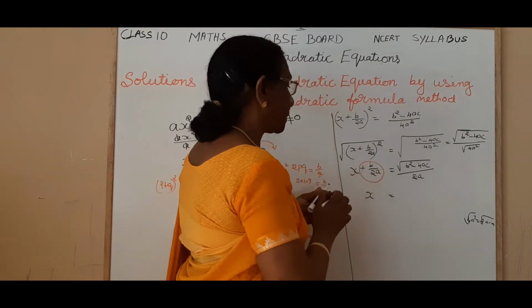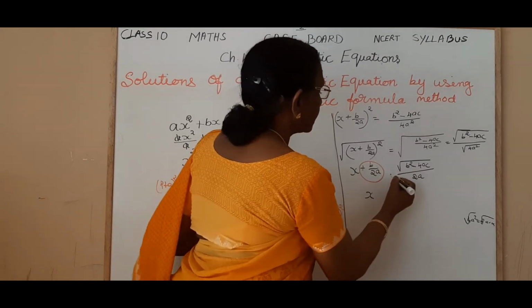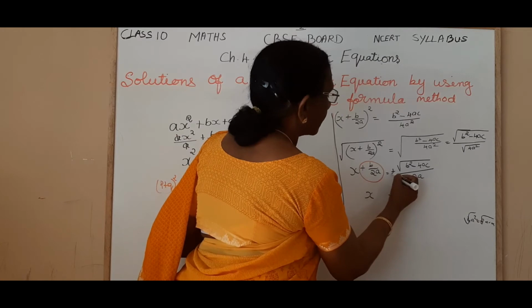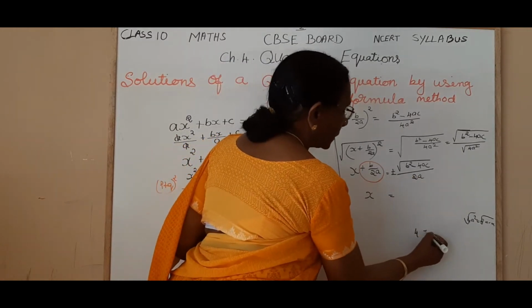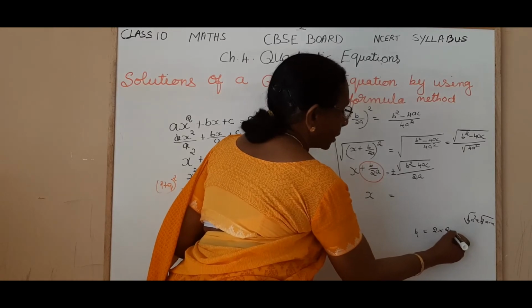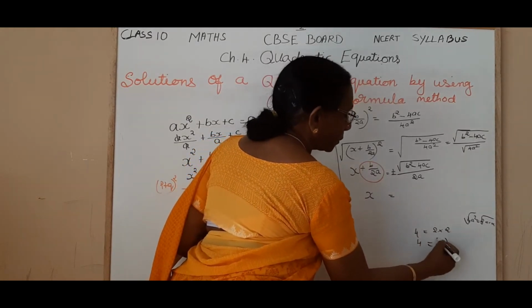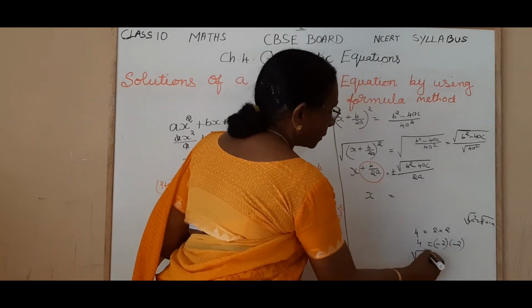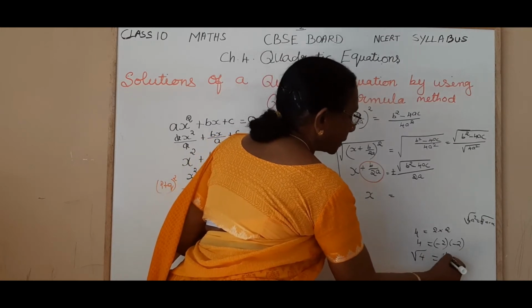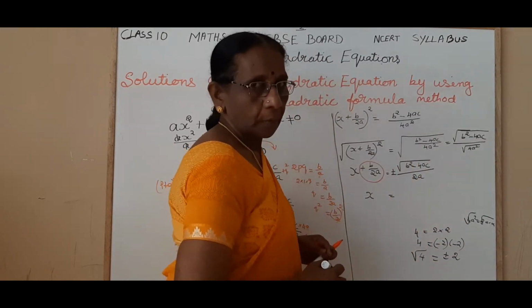And here, children, when you take the square root of anything, we will be writing this as what? Plus or minus. Isn't it? Suppose you take 4, 2 into 2 is also 4. The same way, minus 2 into minus 2 is also 4. So when you take the square root of 4, usually we have to write it as plus or minus 2. Is it clear?